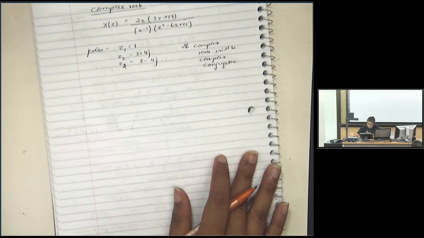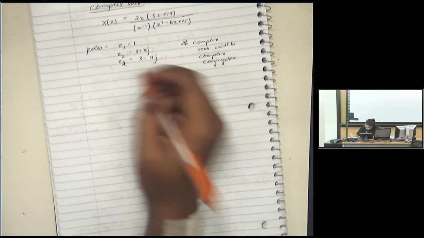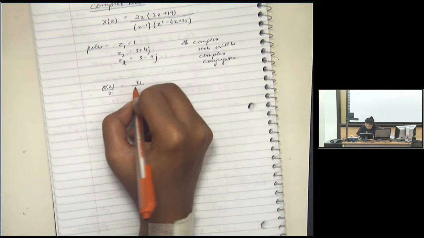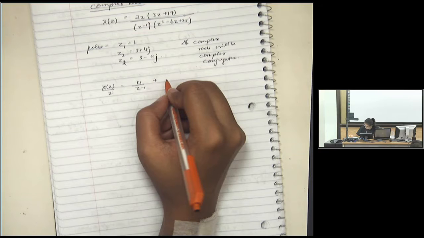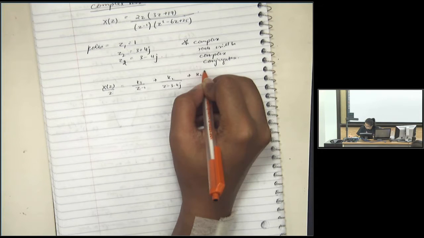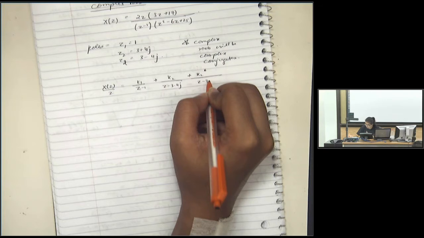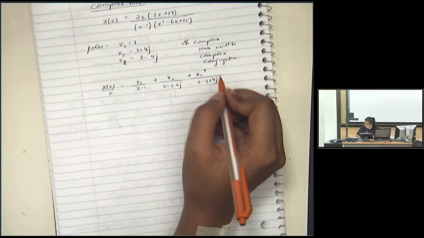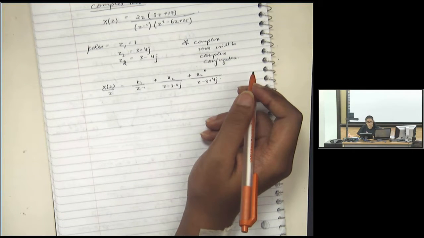All right. Now, again, we'll do a partial fraction expansion of x of z over z, which will be k1 over z minus 1, k2 over z minus 3 minus 4j, and k2 conjugate over z minus 3 plus 4j. And k2 will be again complex conjugates. So you just have to find one term and the other will be the complex conjugate of the other.